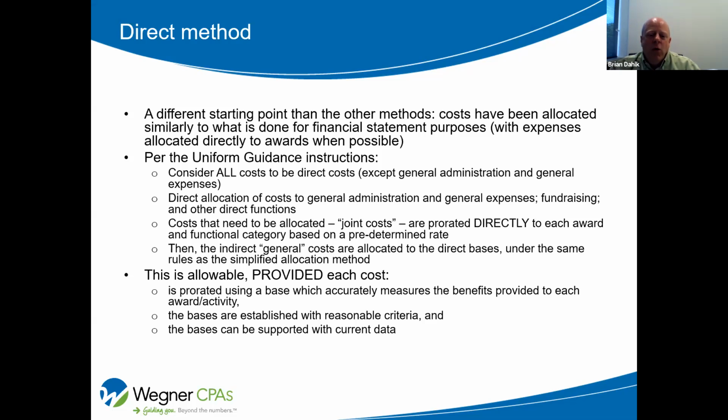And then what you're going to allocate is basically your general costs or your management general costs in the financial statement context. That's what you allocate to your direct activities. And once again, those are done by some rational, reasonable method.